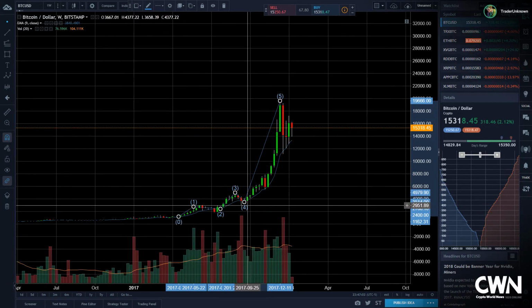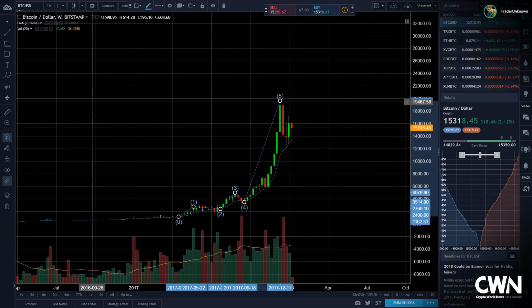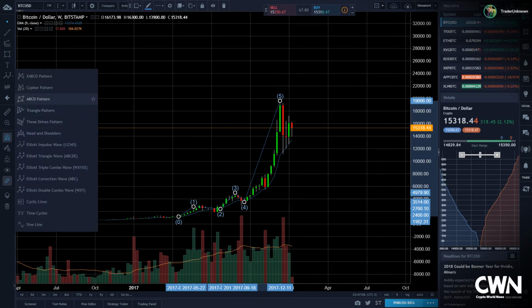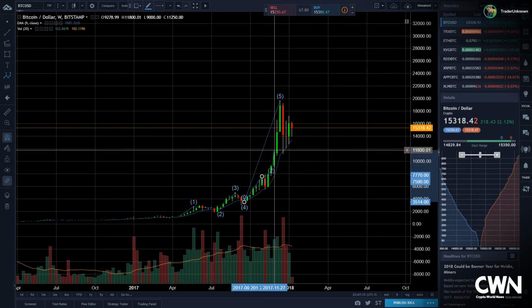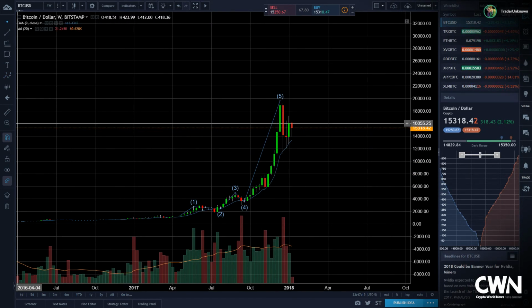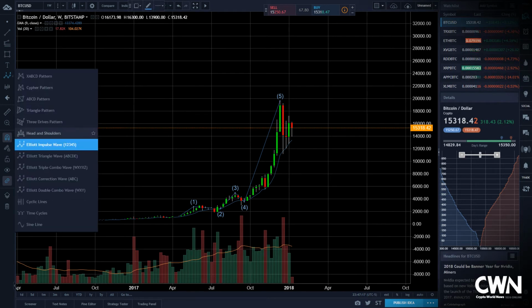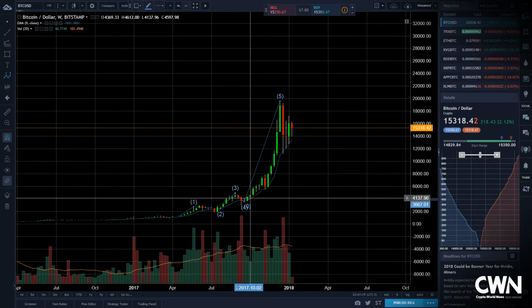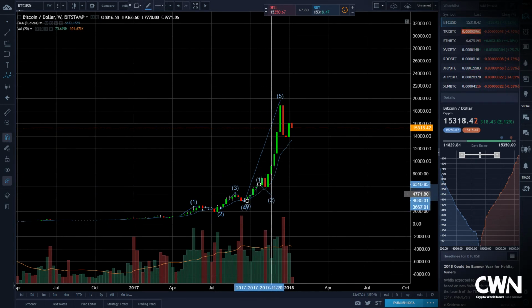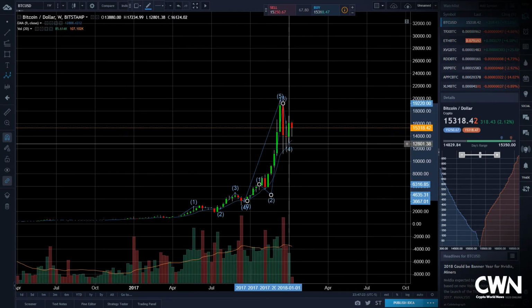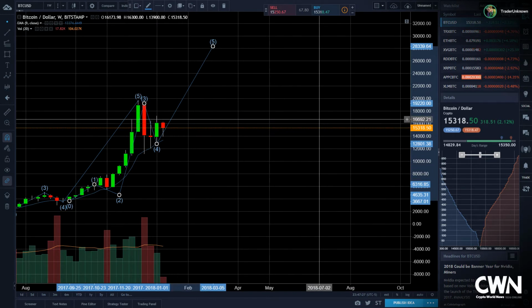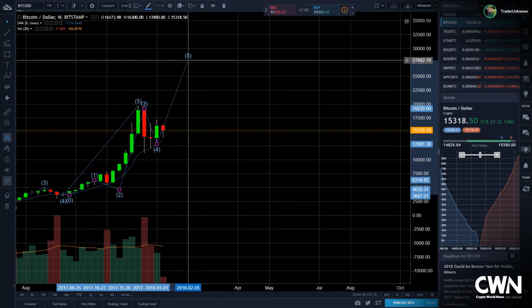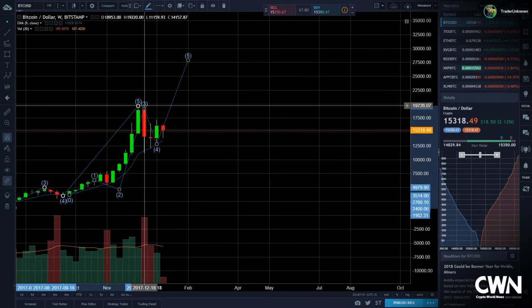1, 2. Yeah, okay. So this just looks like a subwave of our wave 5. So our 1, 2 here. Oh, sorry. Let me just try that again. So I believe we need another subwave higher to finish all of primary 3.